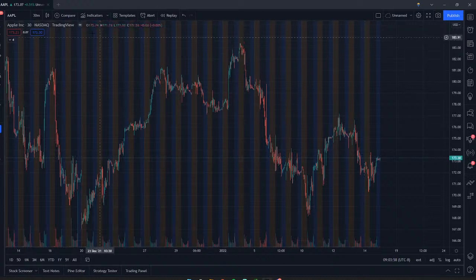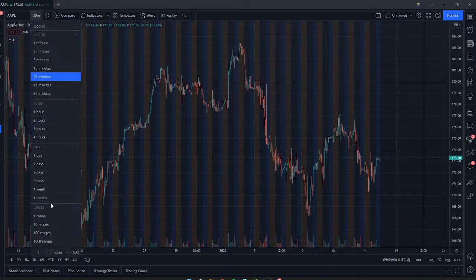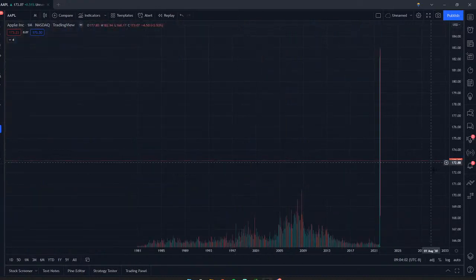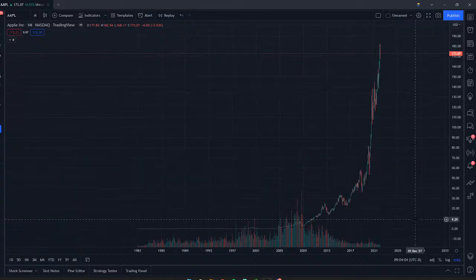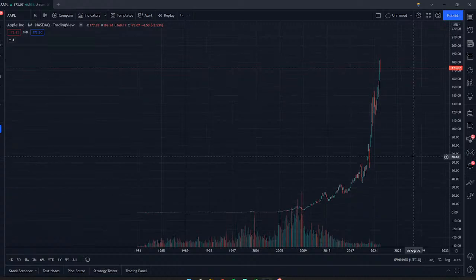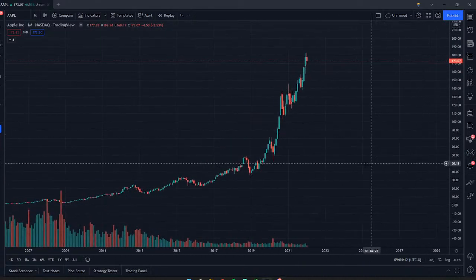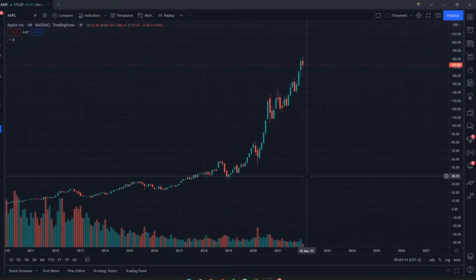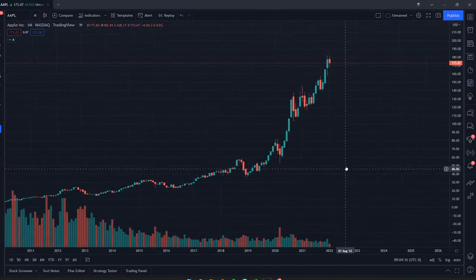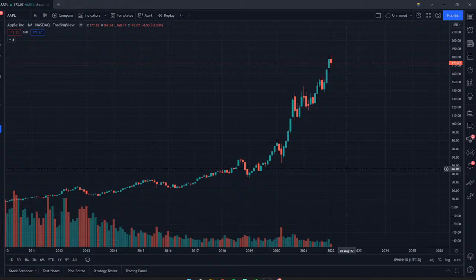I like to start with a naked chart, and I'll go to the 1 month. From here, I just like to see if I notice anything of specific interest.